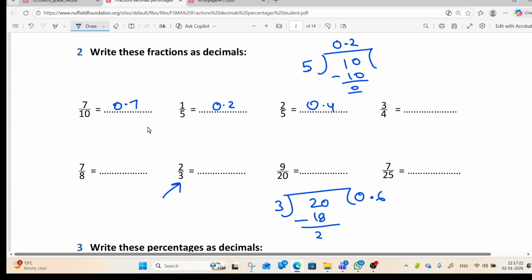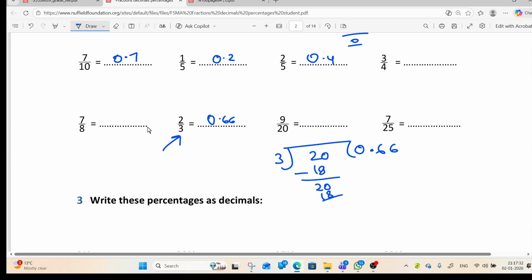Then you subtract, and you get 2. Again you put a 0, and again 3 times 6 is 18. This is what you're saying, right? So the answer is 0.66, right? Clear? Very good.